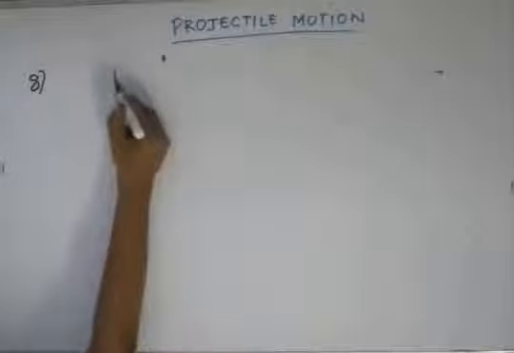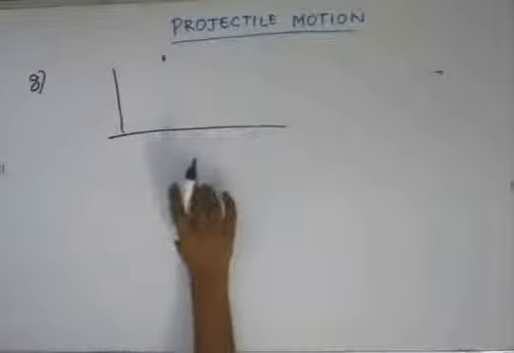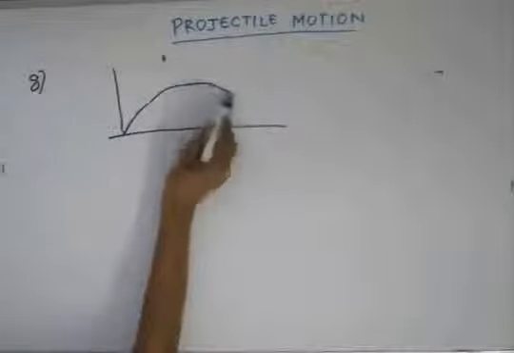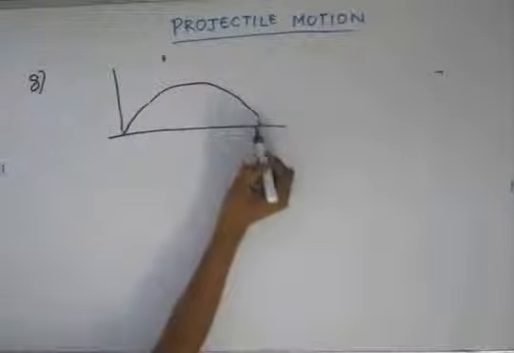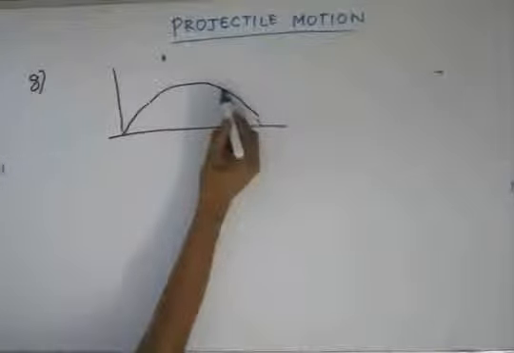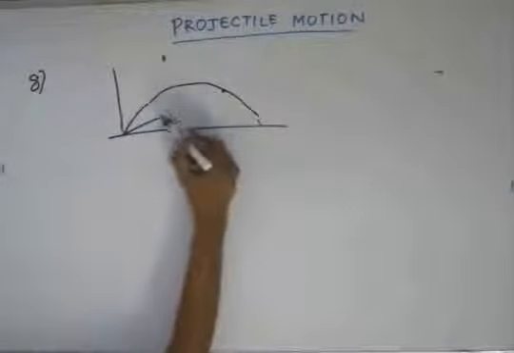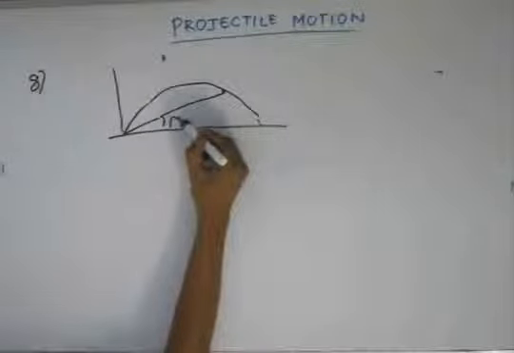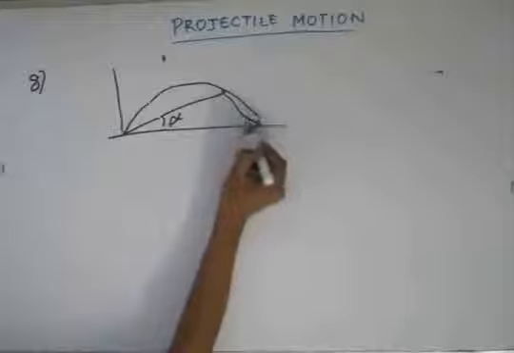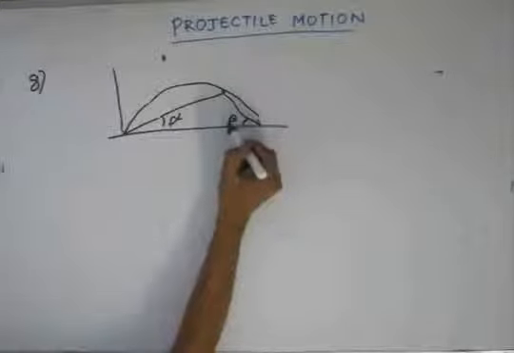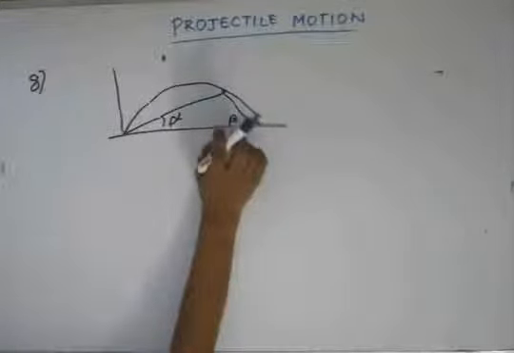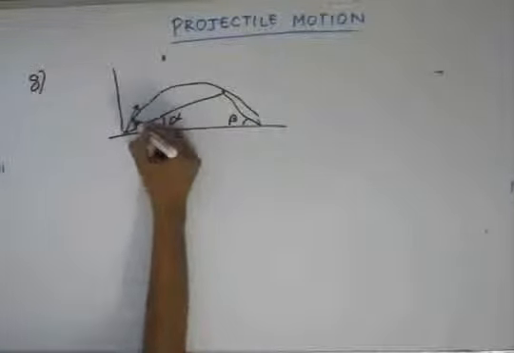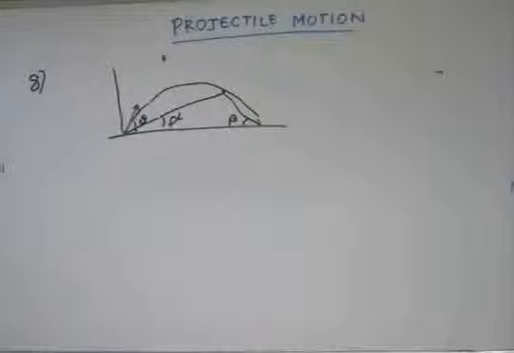In this again the particle is projected from the ground, right? It's given that at an instant of time t, this angle of elevation is alpha from this side, and from this side it's beta, right? And we are asked to find the angle of projection of the particle theta. So this is the question.